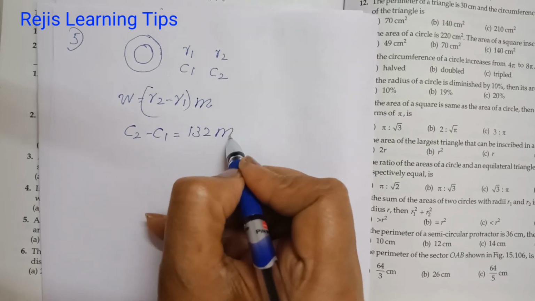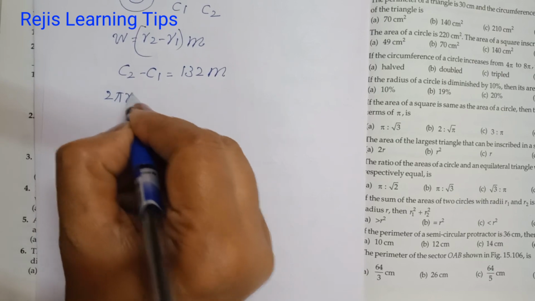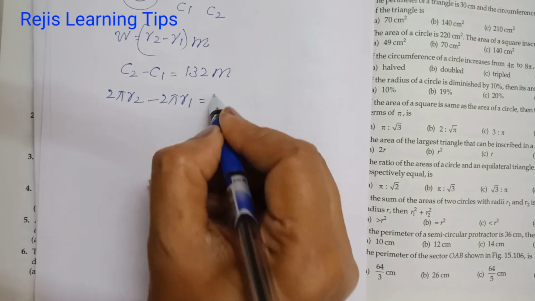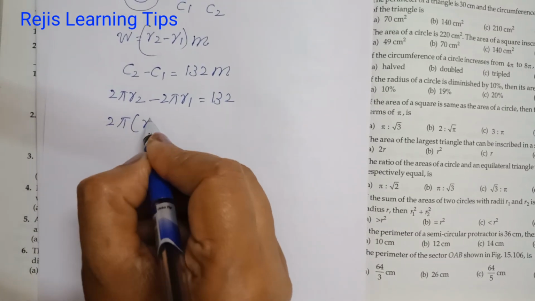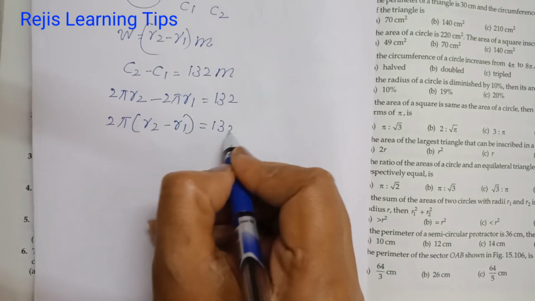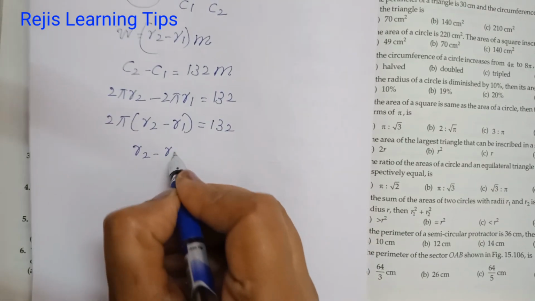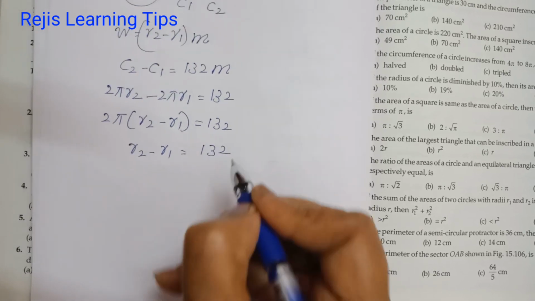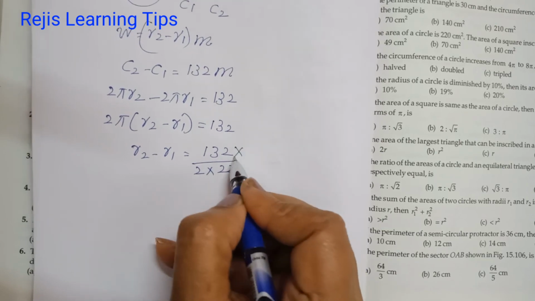That is already given. Then C2 minus C1, that is 2 pi R2 minus 2 pi R1, is equal to 132. 2 pi into (R2 minus R1) is equal to 132. Then R2 minus R1 is equal to 132 divided by 2 pi. 2 pi means 2 into 22 by 7.